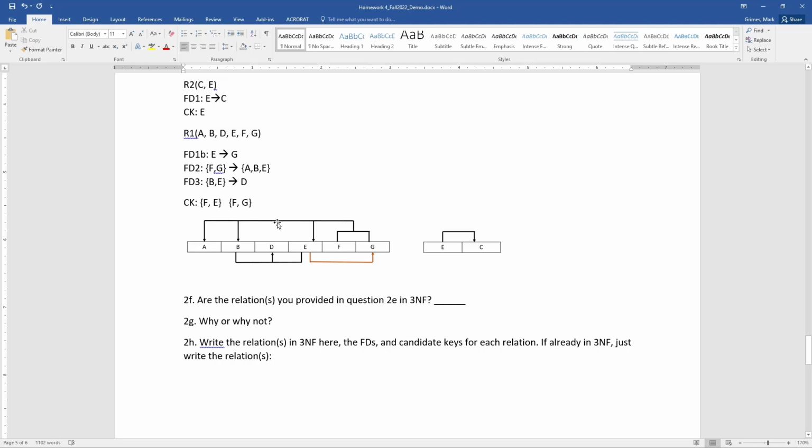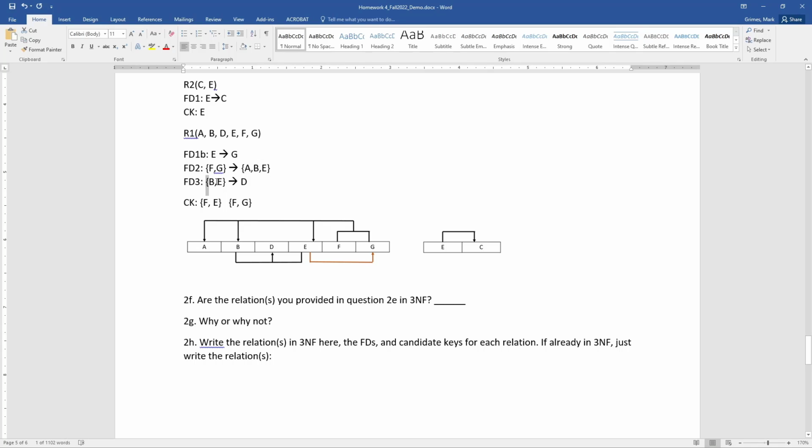However, for relation 1, with these two candidate keys of FE and FG, I believe we are good with regard to partial dependencies because we said both E and G here are key attributes. FG determines ABE, that is the entirety of one of our candidate keys, functionally determining some other attributes.